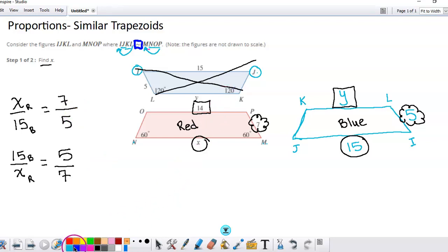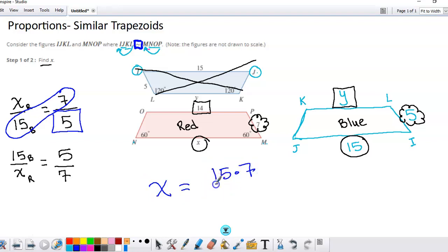Once you've set it up, the process to solve any proportion is always the same. We multiply those numbers that are diagonally opposite each other and divide that answer by the number opposite your unknown. So x is 15 times 7 divided by 5.